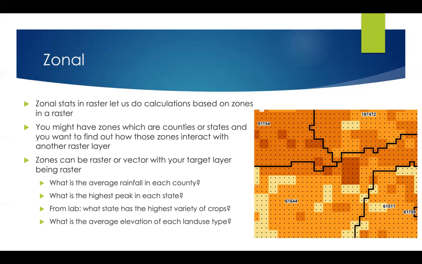So if we're talking about rainfall again, in this zone here, we could get the average rainfall across that zone. In this lab, you'll use this by finding which state has the highest variety of crops.